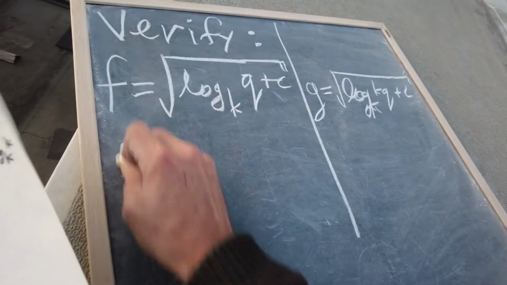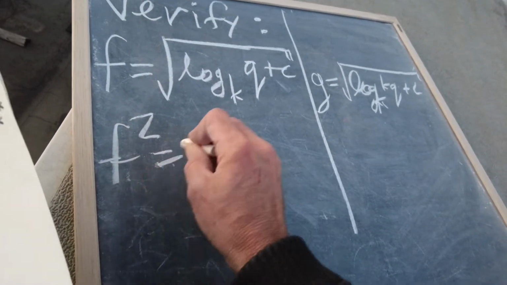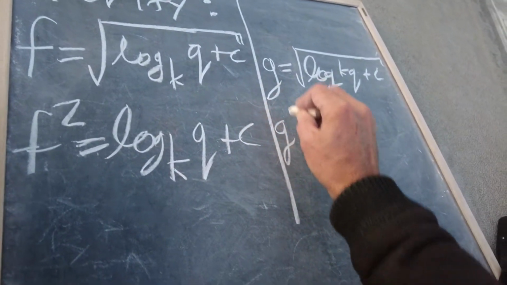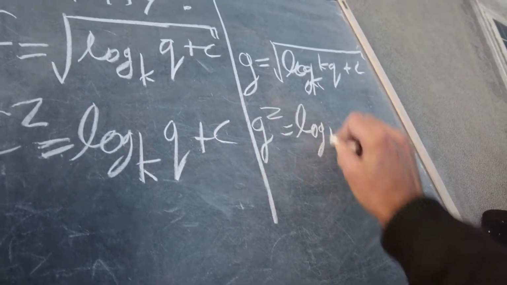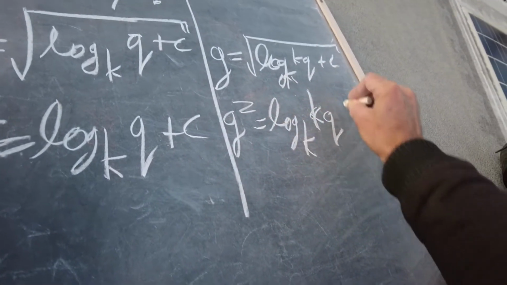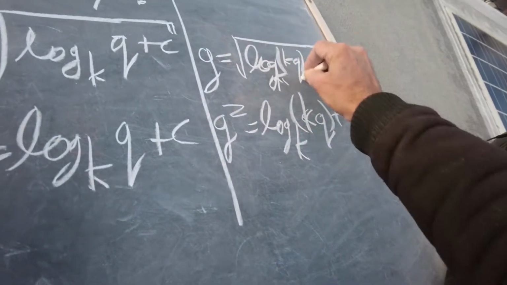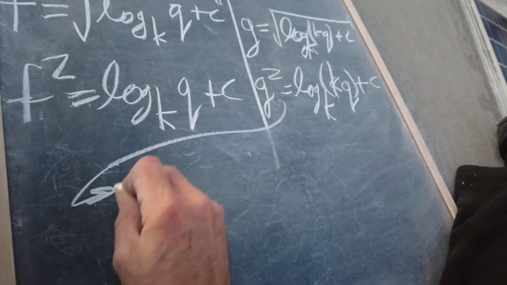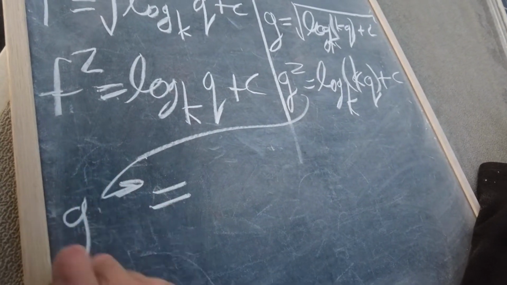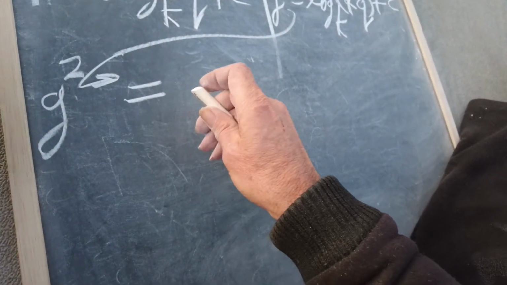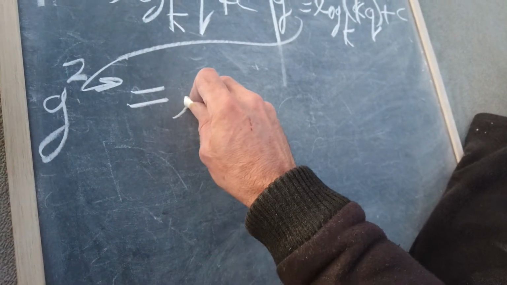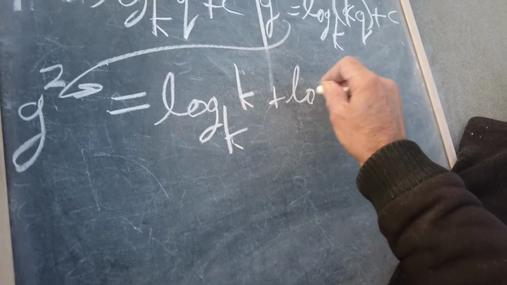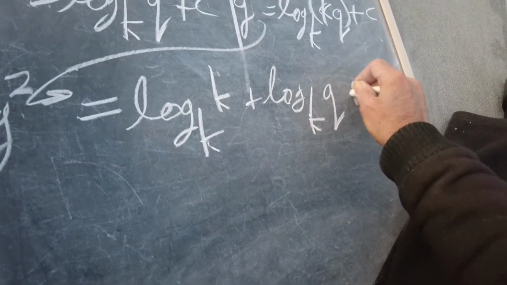So let's consider f squared equals log k of q plus c, and g squared equals log k of kq plus c, that's in brackets there. Which equals, g squared is equal to log k of k plus log k of q plus c.